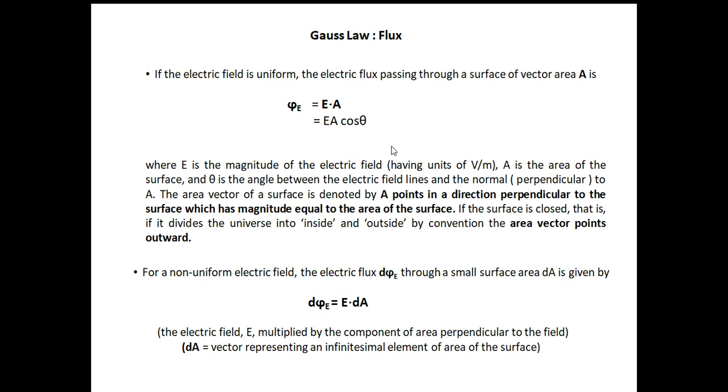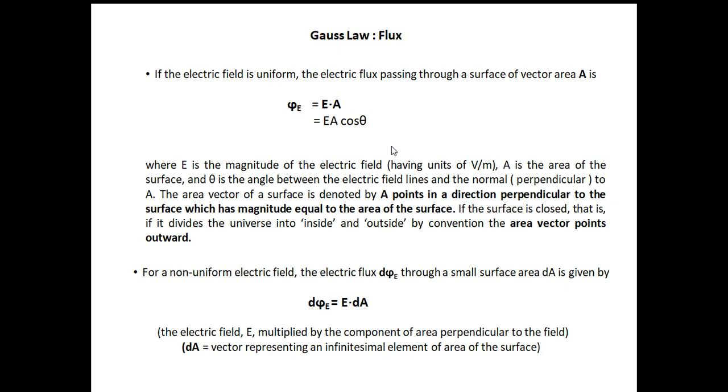So it is very essential in electrostatics to understand whether your surface is closed or not. Consider again a bangle, and if it is broken, then it will not be a closed surface, it will be an open surface.